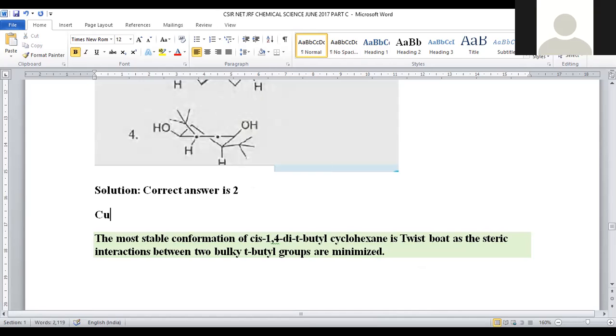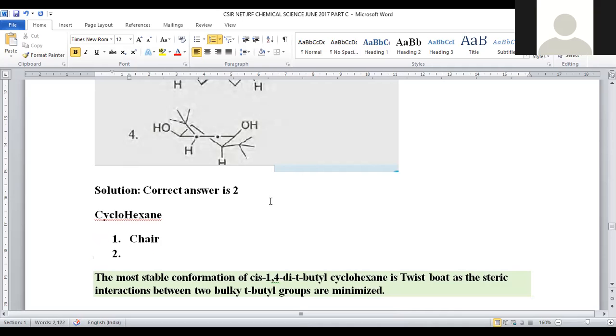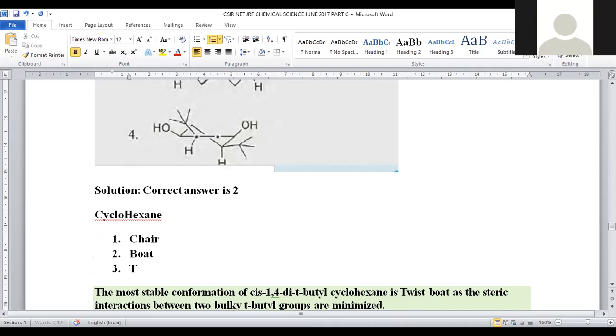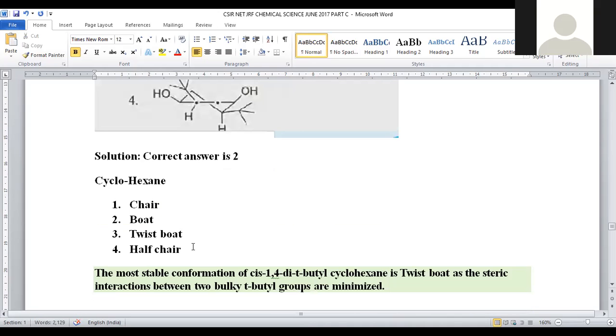Cyclohexane exists in the chair form, the boat form, the twist boat form, and the half chair. Cyclohexane can exist in all these four kinds of structures. So these many possibilities are there.